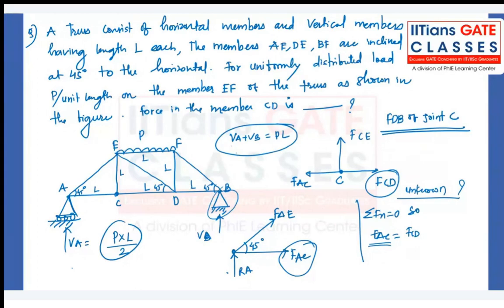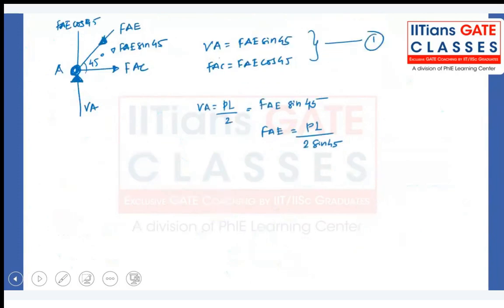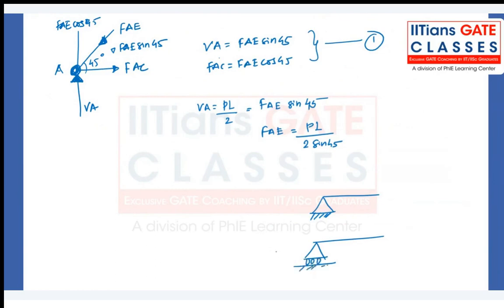Let me explain the simple concept here. Let's say we have a hinge support, a roller support, and a fixed support. What is the difference? Roller support doesn't have a horizontal component, because it is free to move in the horizontal direction.